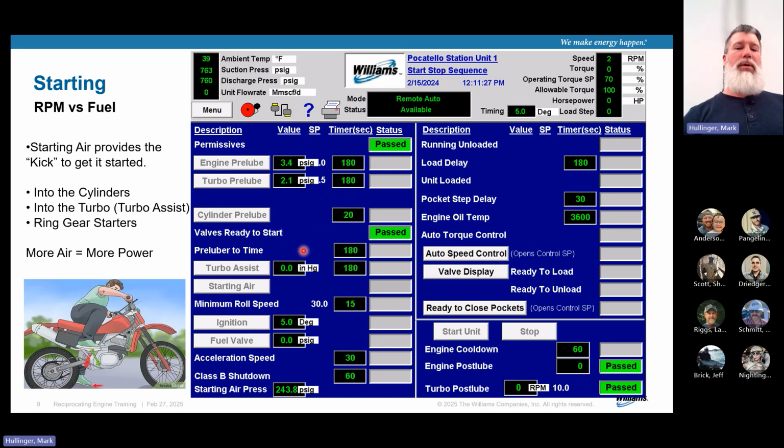Cylinder preloop and then turbo assist in this case. So this is Pocatello and the turbo assist. This sprays air into the turbocharger. It sprays into both sides.